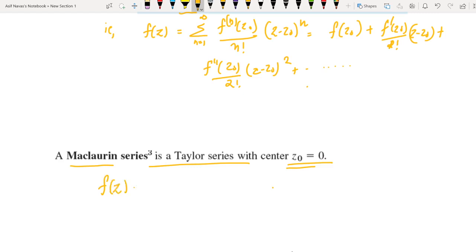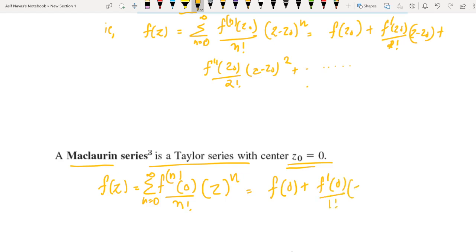So f of z is sigma n equal to 0 to infinity, nth derivative of f at 0 by n factorial into z raised to n, that is equal to f of 0 plus f dash of 0 by 1 factorial into z plus f double dash of 0 divided by 2 factorial into z square plus etc. So a Taylor series at center z naught equal to 0 is called a Maclaurin series.